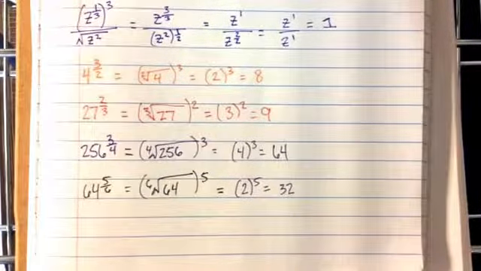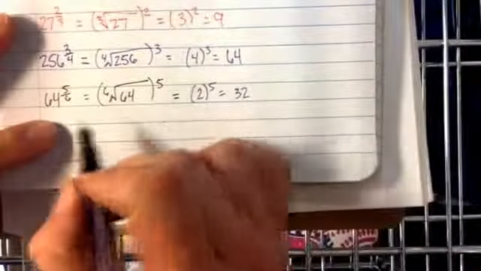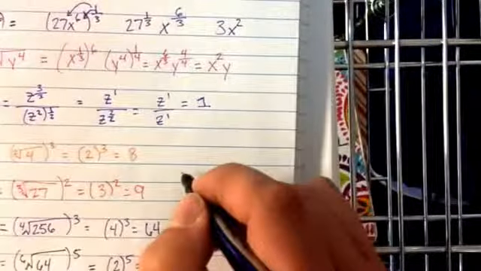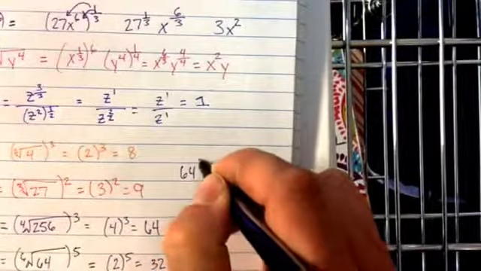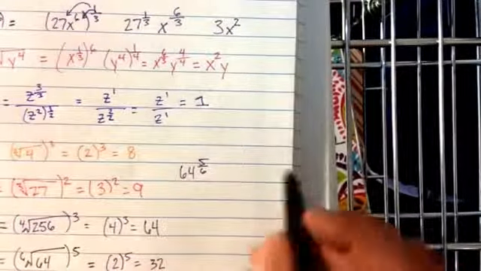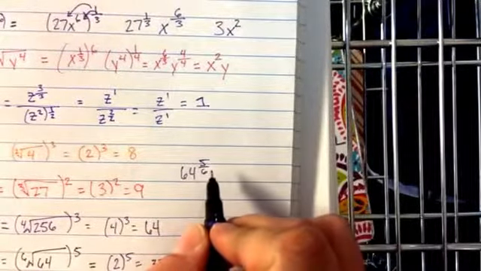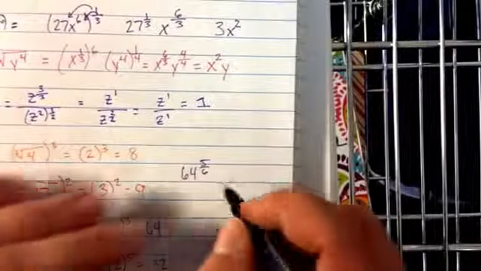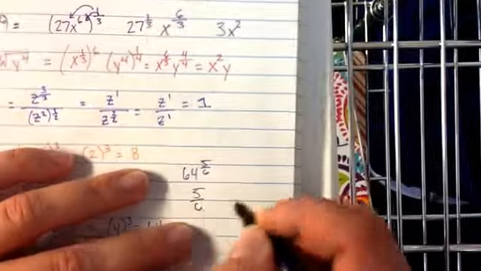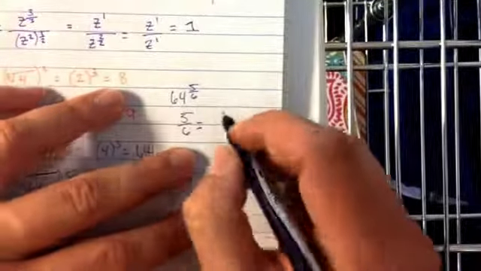How did we get 1/6? So, side work. We had 64 to the 5/6 power, right? If we were to break 5/6 apart into 2 different fractions, what would that be?